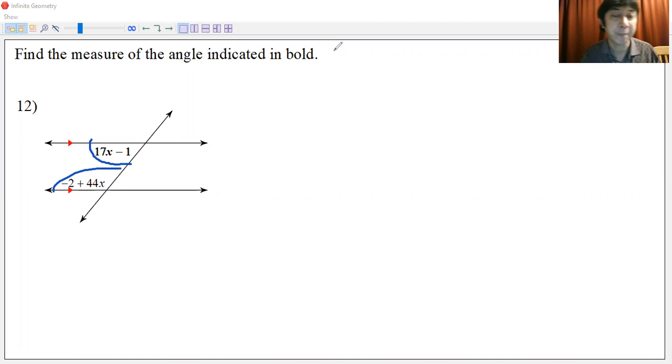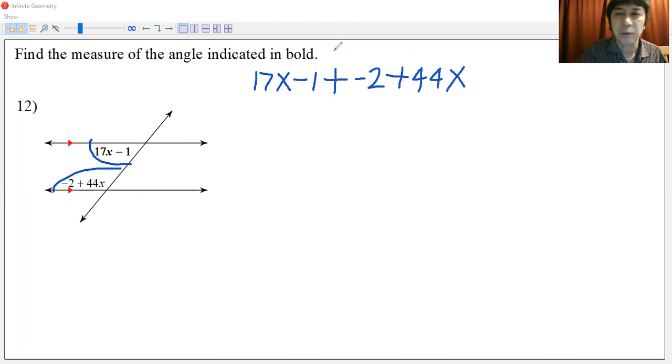Means 180. So we have our working equation 17x minus 1 plus negative 2 plus 44x equals 180. Okay, so we can combine this right away.